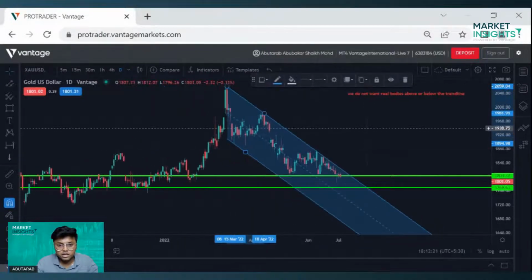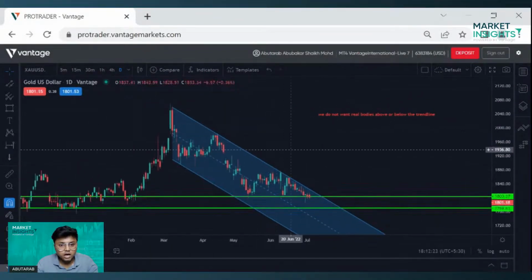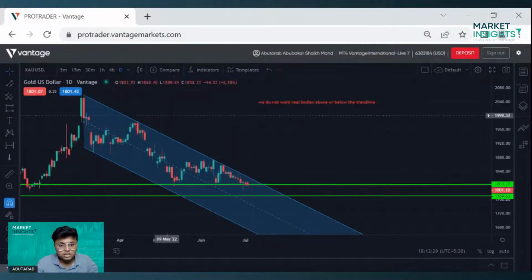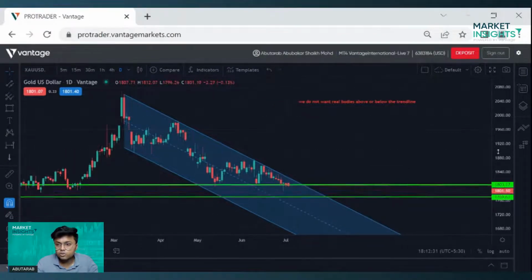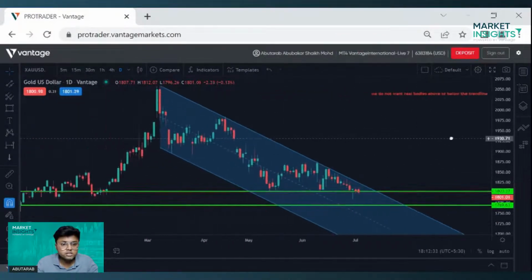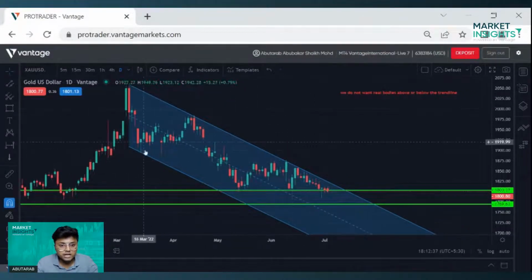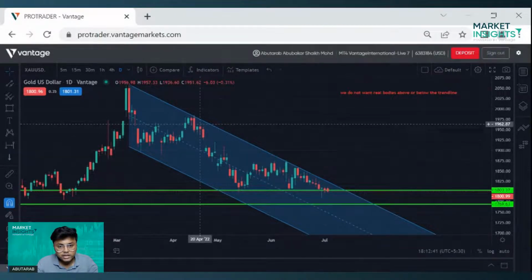Now you can see how well this parallel channel is working along with this support level. Obviously, this parallel channel is working absolutely fine. If I have made this parallel channel using these three points, 1, 2 and 3, I know that after testing this level it will go down.